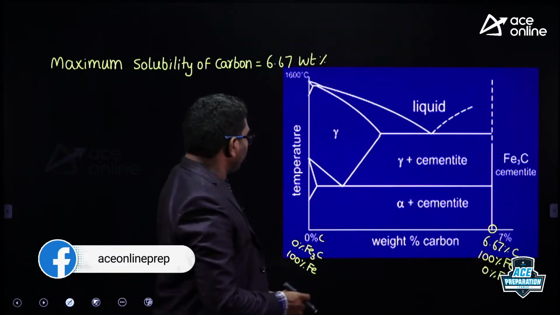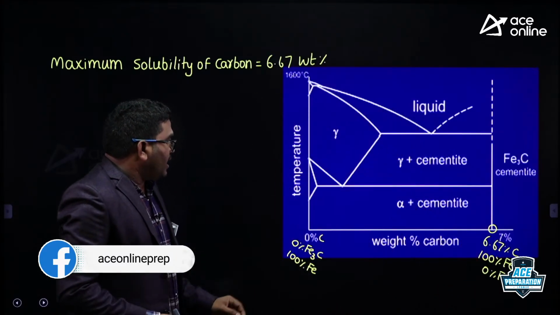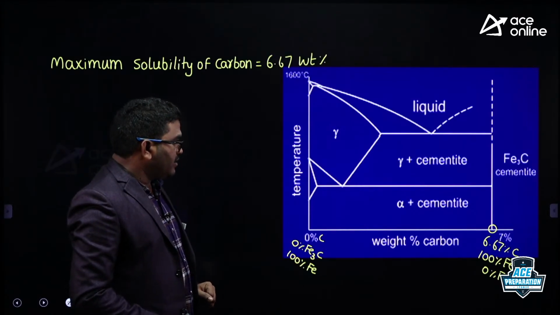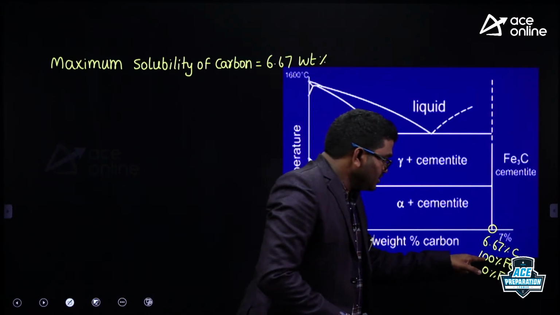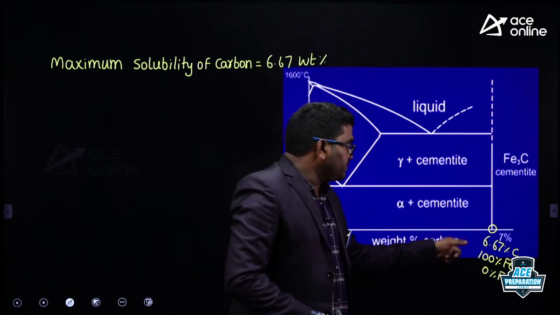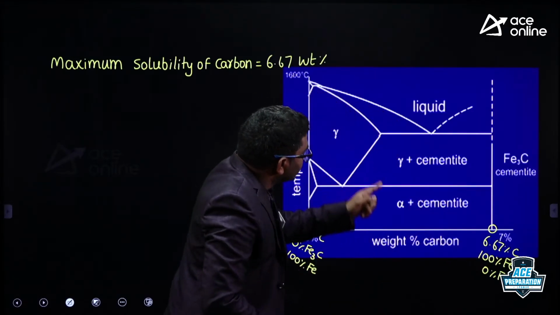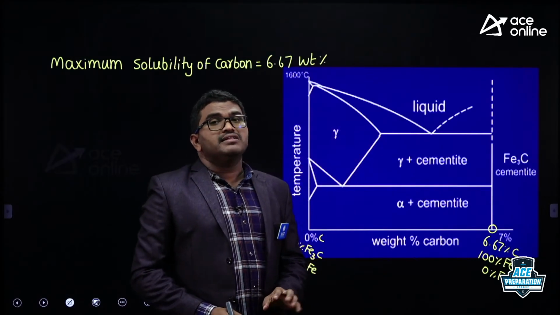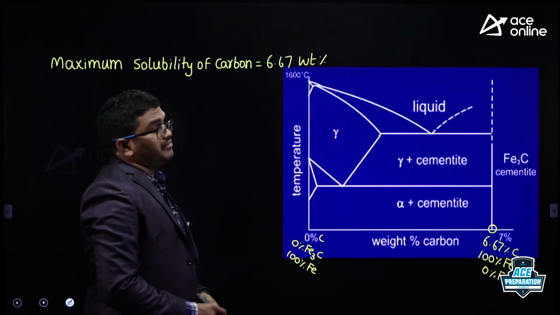Now see here, 100% of iron, 0% of cementite. Here, 0% of iron, 100% of cementite. That is why this phase diagram is an iron cementite phase diagram.